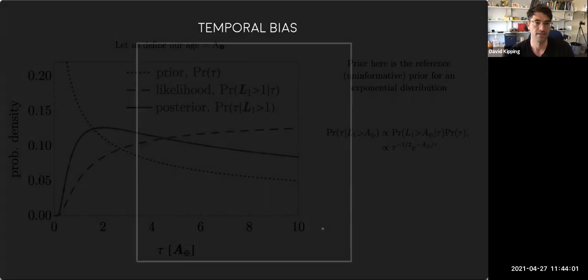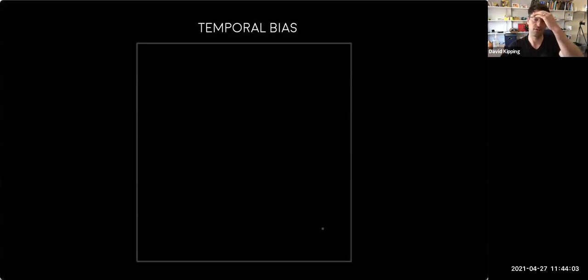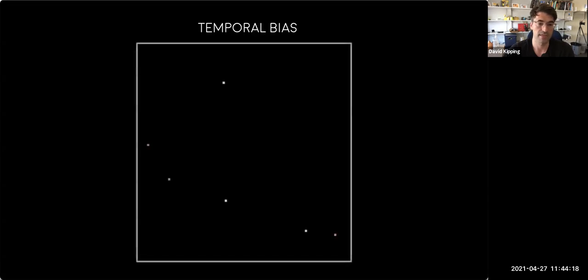Now, the key, we've talked about selection bias before, and there's a really important selection bias here that we call temporal bias that really plays a big role in thinking about our place in the universe and our place in the galaxy, I think, when we talk about life. I'm sorry if we should have thought more about the color scheme here. We've got red and green.